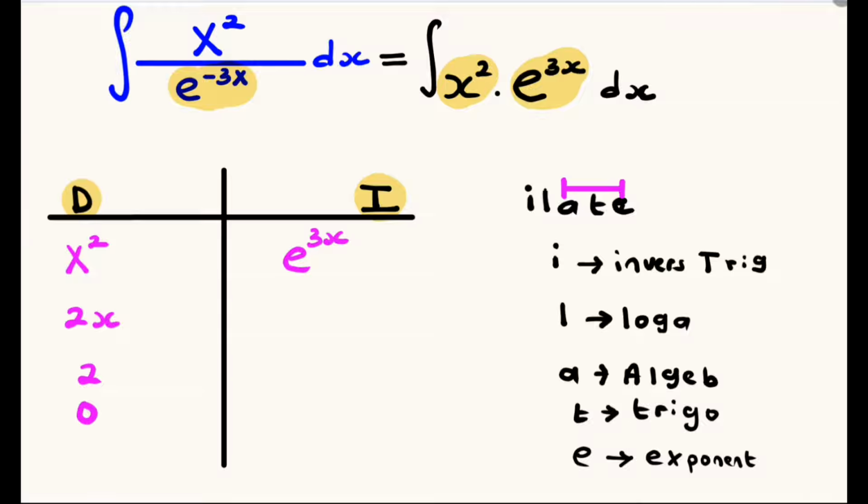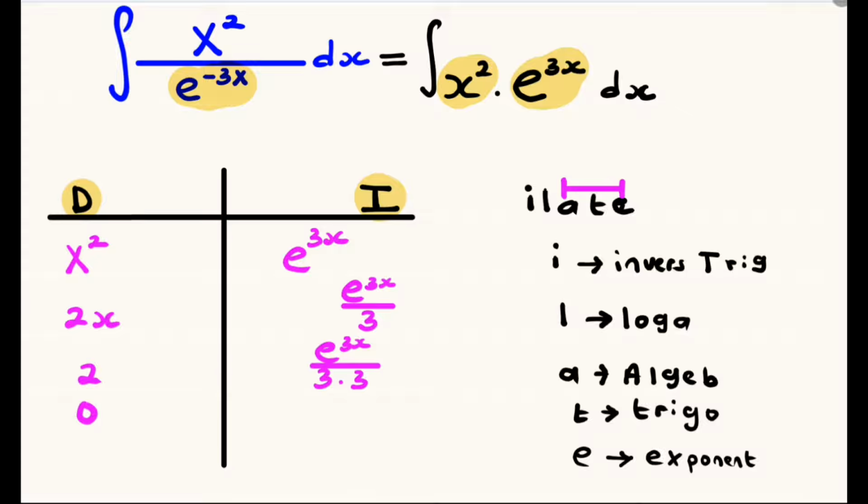We move to the other side, where we only integrate. The integral of e raised to the power 3x is e raised to the power 3x divided by 3. The integral of e raised to the power 3x divided by 3 is equal to e raised to the power 3x divided by 3 multiplied by 3.